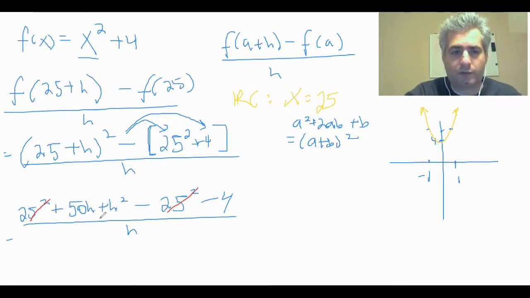What's left, since there's nothing else in common, is 50h plus h squared, and the 4 minus 4 also cancels. I'll rewrite that: 50h plus h squared all over h.